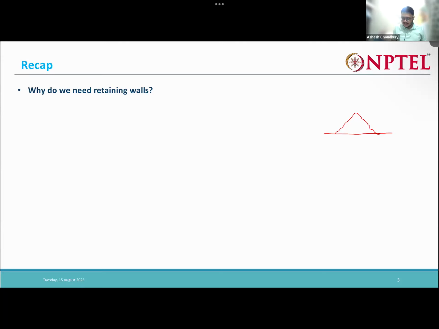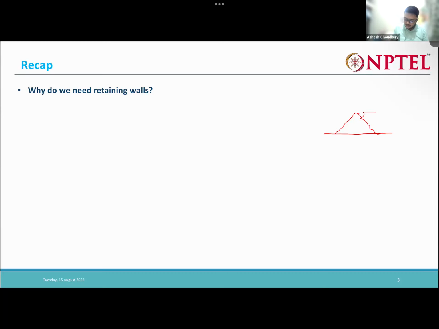So this angle which the soil forms is nothing but the angle of repose. There is a certain angle, and that angle depends on the strength of the soil, right? And the strength of the soil means the friction angle of the soil. So the higher the friction angle of the soil, the steeper the angle the soil can make.